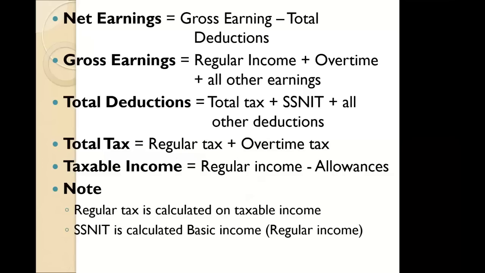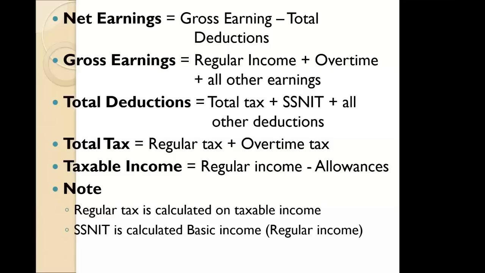So net earning is gross earning minus total deductions. Your gross earning is your regular income plus your overtime plus all other earning. Your total deduction is total tax plus SNIT plus all other deductions. So total tax is always regular tax plus overtime tax.